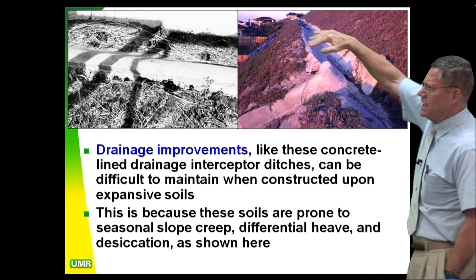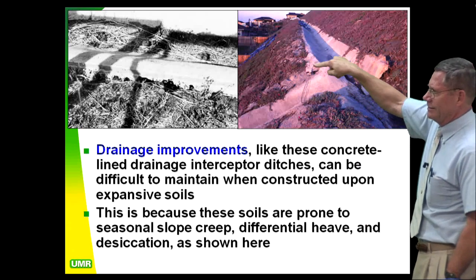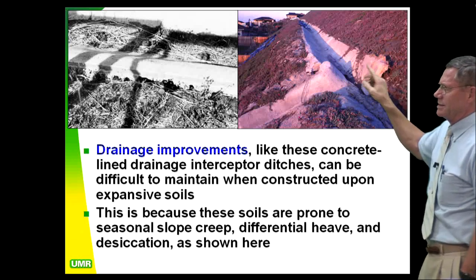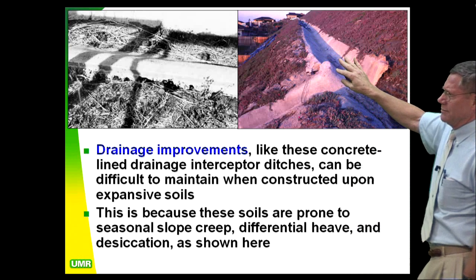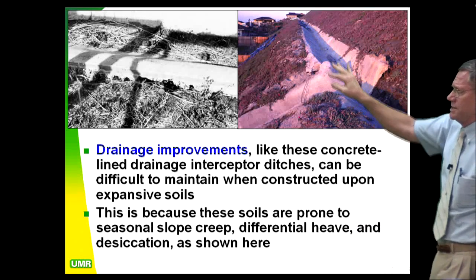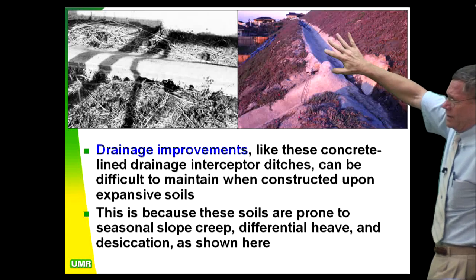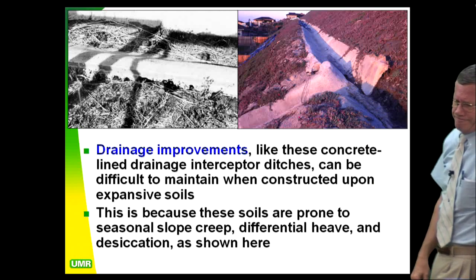Then the slope heaved. And look at the offset right here between the down drain, offset about 4 inches right there, because this got put in the dry season. And if you put in your concrete drainage work and flat work in the dry season and you let this get too dry, now when it gets wet, you're going to get noticeable heave, and it's just going to break your concrete flat work.